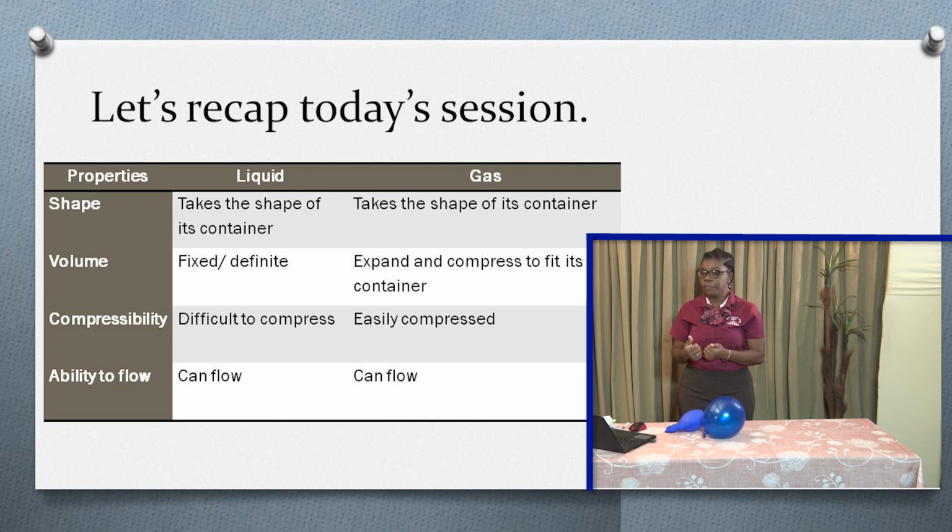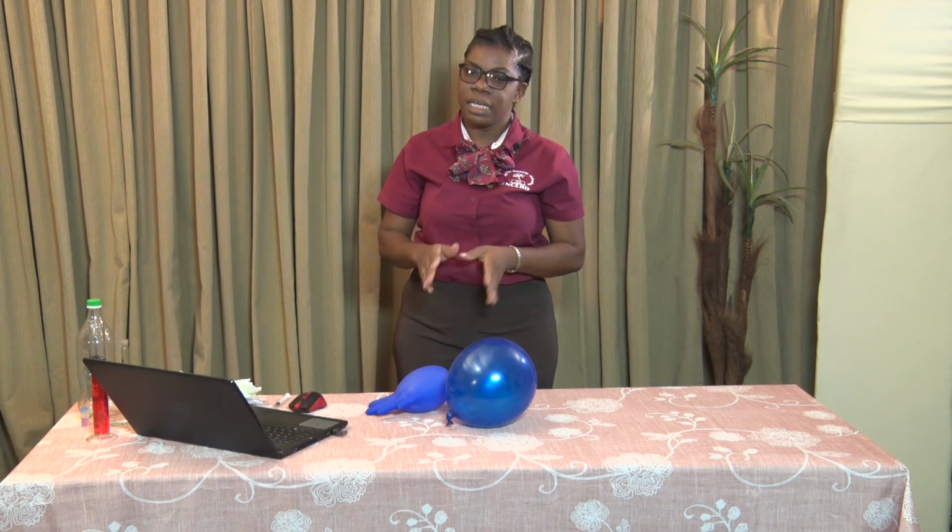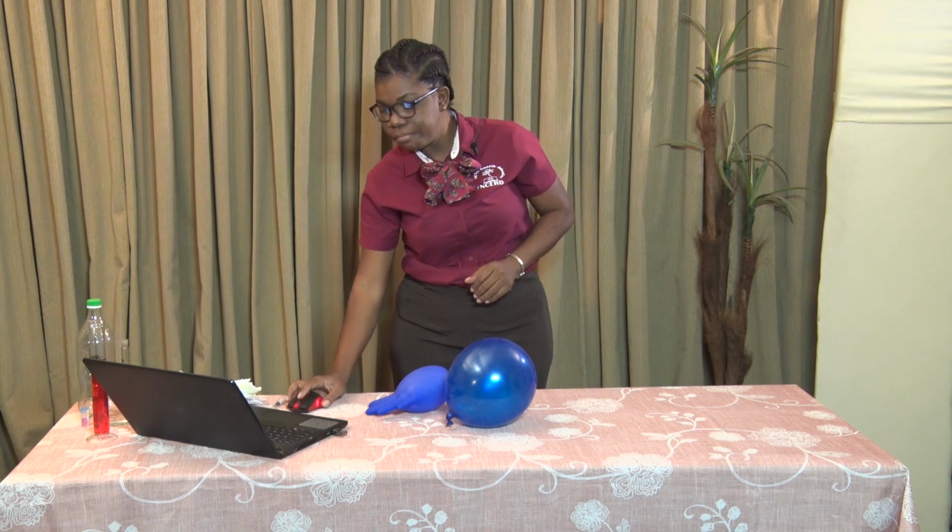And ability to flow, both liquids and gases can flow. So those are the properties of liquids and gases investigated today. Now let's think about what we would have learned in the last lesson and this lesson. And let's see how we can compare and contrast the properties of matter, that is, solids, liquids, and gases.